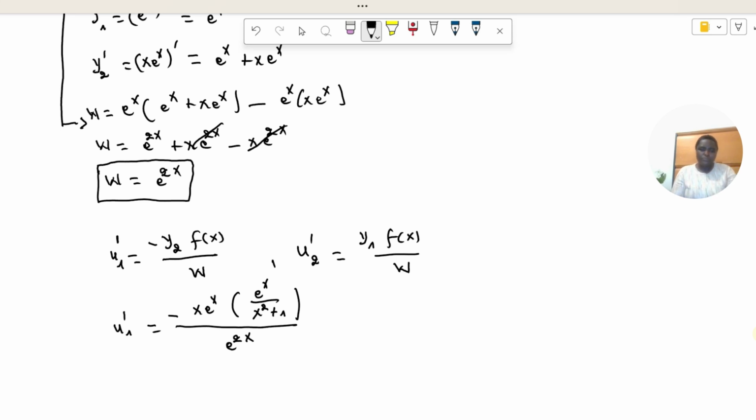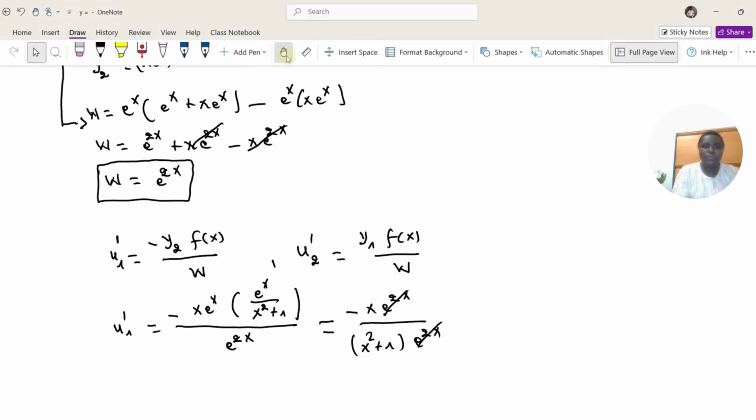This is the first derivative of u, so this will be equal to what? So you can see that on the numerator we have minus x e power 2x, then over x squared plus 1 and times e power 2x. So this one and this one will be simplified, and we will remain with u1 derivative equal to what?